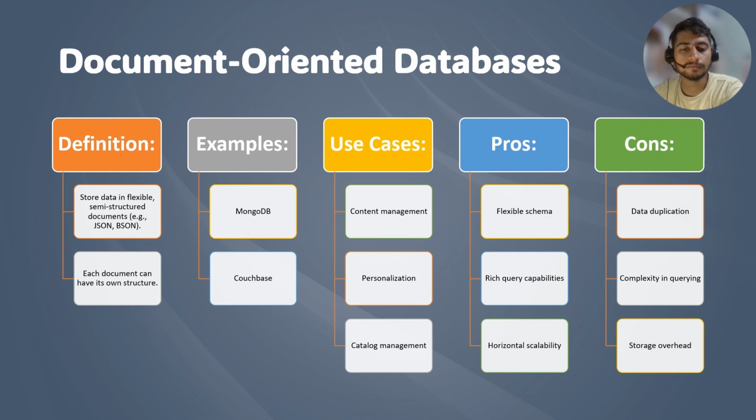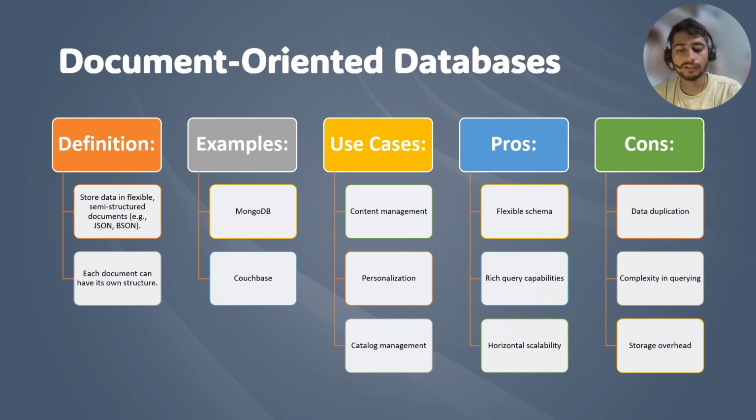The cons of document oriented databases are data duplication, where denormalized data models may lead to data duplication, requiring careful management to avoid inconsistencies. Then complexity in querying, and storage overhead.